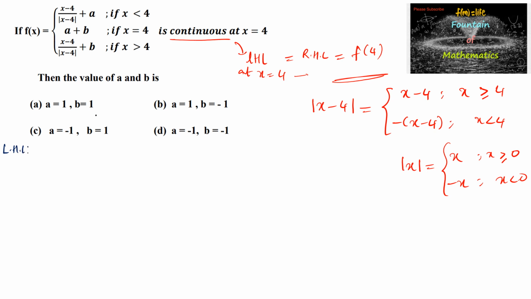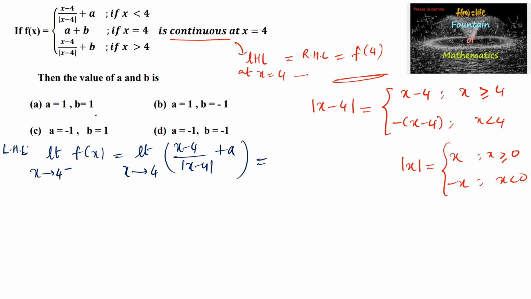Left hand limit, as x tends to 4 minus of f of x, which is equal to limit as x tends to 4. Since it is below 4, we need to consider the function x minus 4 divided by mod of x minus 4 plus a, which is equal to limit as x tends to 4.